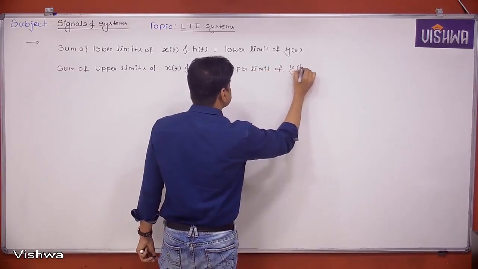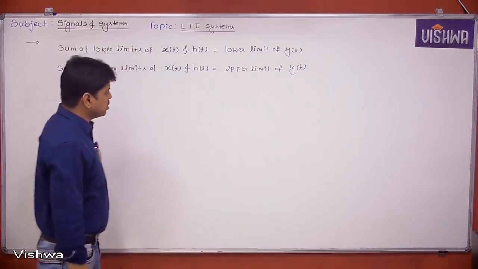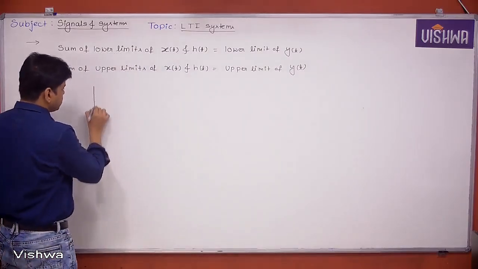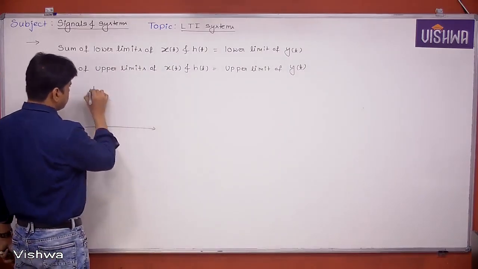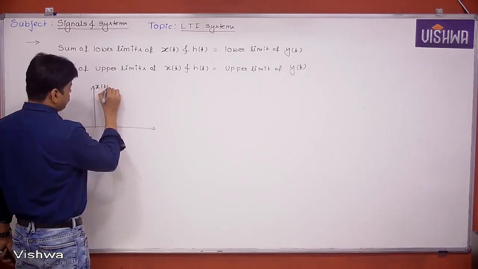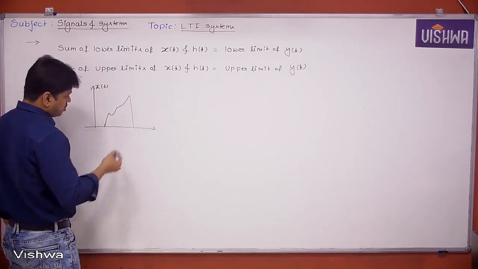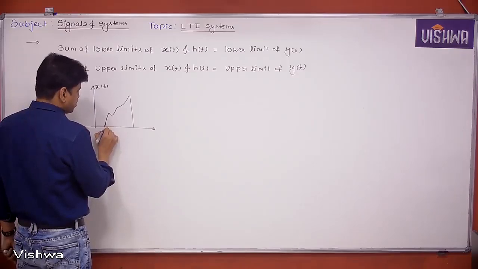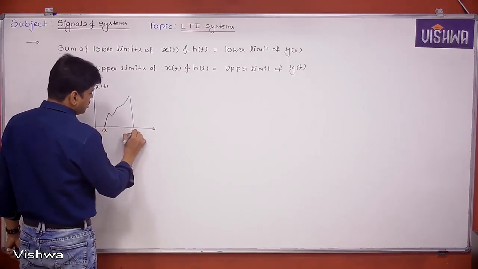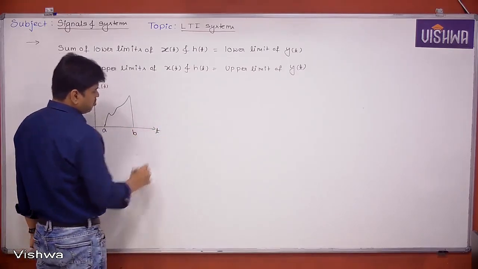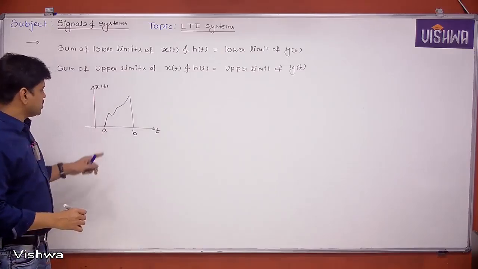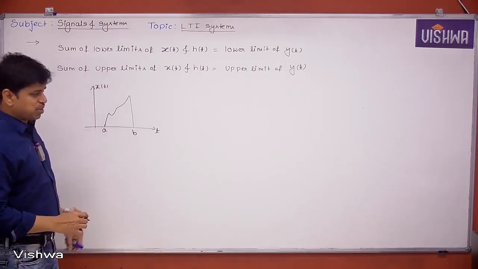Let's see this diagrammatically to understand it better. Suppose I take x of t, which is something like that. Don't try to draw it exactly the same way; I am taking an arbitrary signal. Let's say a is the lower limit and b is the upper limit for x of t.